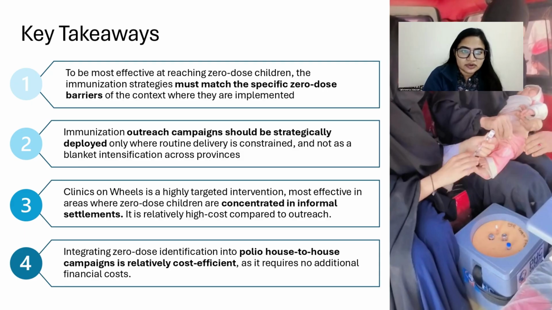For example, integrated outreach or extensive outreach campaigns should be strategically deployed in the areas where they are needed, where the baseline coverage is low or the infrastructure is not sufficient, as compared to the blanket intensification of the campaigns across the country.